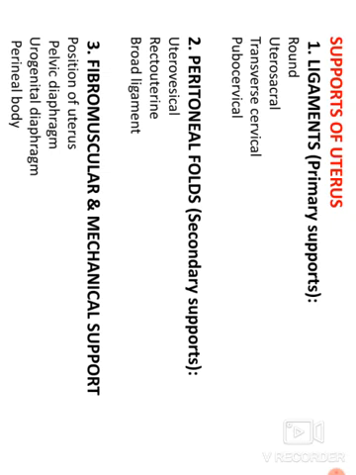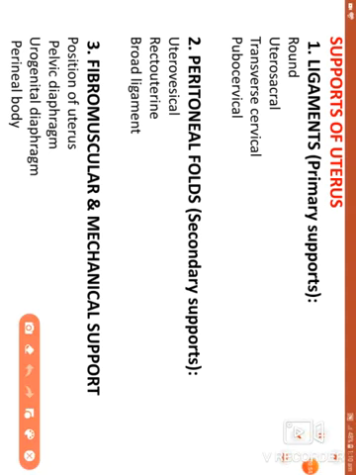So it is supported from sagging down by a number of factors, which form the muscular and fibromuscular supports. That forms the primary supports. So the uterus is prevented from sagging down through the vagina by a number of factors. Those form the supports of the uterus, which include mainly the primary supports.